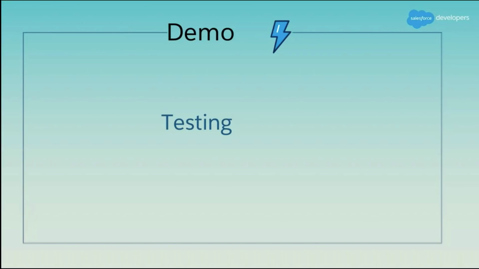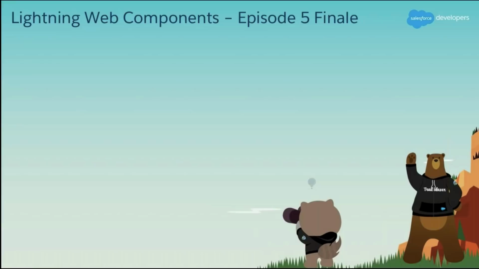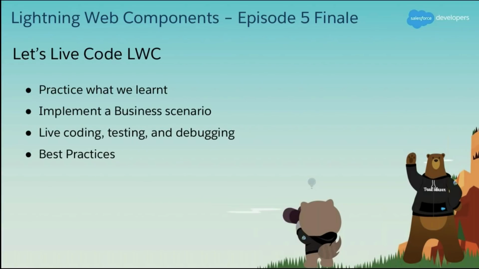Sounds great. Okay, that pretty much brings us to the end of the content that we have for today. Let me just give you a quick overview of what we're going to do in episode 5. This is the finale of the series that we have been doing on Lightning Web Components. We're going to do live coding for the first time with Lightning Web Components, where we basically practice what we learned over the last 4 episodes, including this one. And then we implement a business scenario and see what the developer experience is like while building Lightning Web Components.